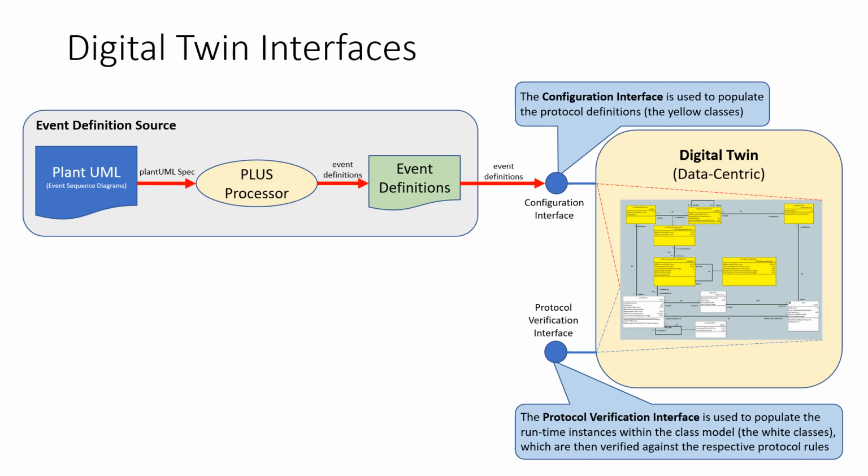Without this, the job of configuring the protocol specifications within the digital twin would be a moderately skilled job, with users needing to have a thorough understanding of the model in order to configure it appropriately for the protocols of concern.